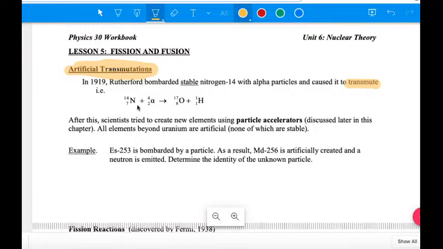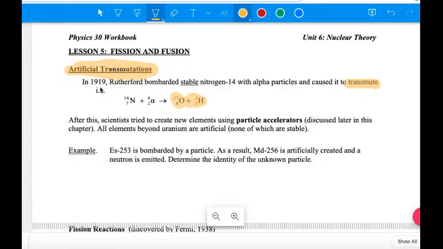So this stable nitrogen is becoming oxygen, and we're also getting a little hydrogen atom out of this as well. So you often see that, whether it's a hydrogen atom, you could even get neutrons, right? It'll usually be some additional particle or atom along with our larger transmuted particle.